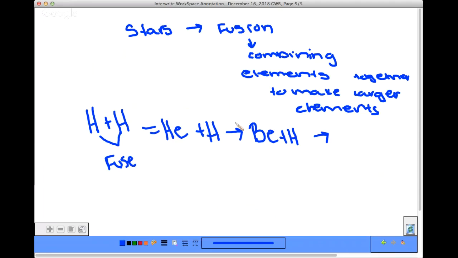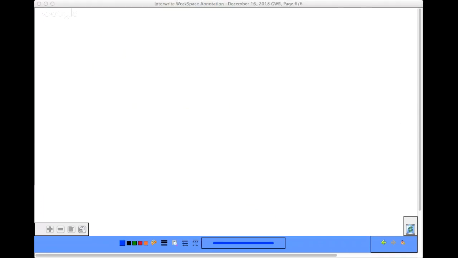But a lot of our elements, the ones that we see on Earth, the things that we come in contact with on a regular basis, are from stars. They were fused in the center of stars. Hydrogen atoms, larger atoms, fused together or combined so that they created larger atoms. So that is how all of our atoms were created.